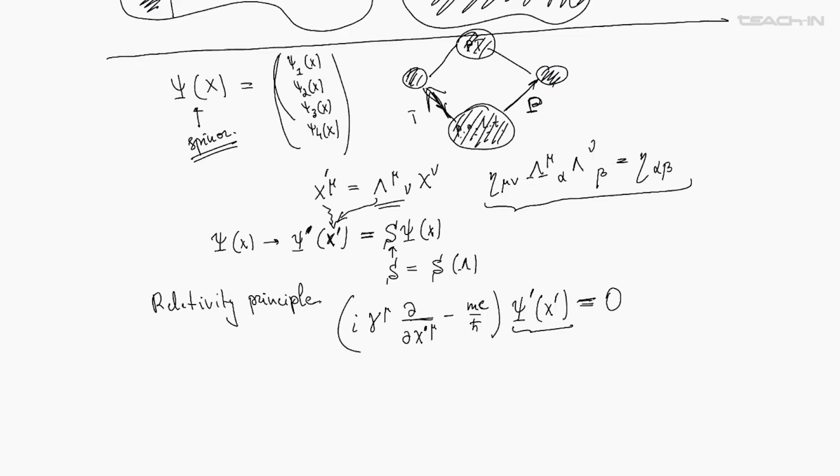And as a consequence, it tells you that equations respecting relativistic invariance should have the same form in any Lorentz frame. So in other words, if you do a Lorentz transformation from one frame to the other, the wave function should transform in such a way that in the new frame, the equation for the transformed wave function will have the same form as in the old frame.